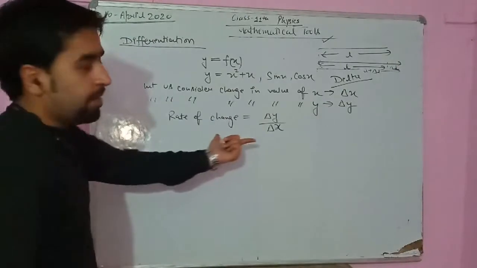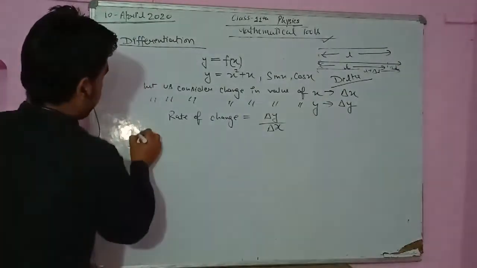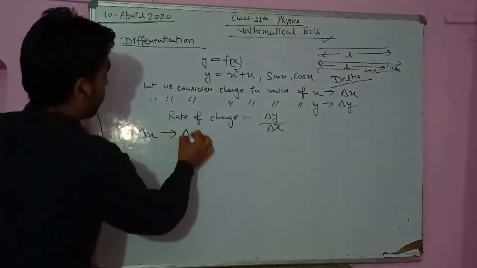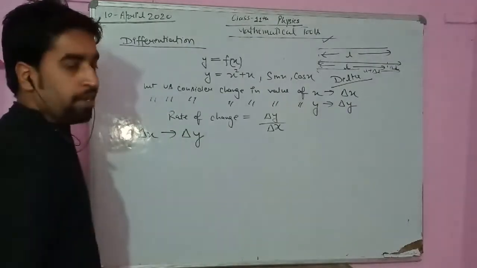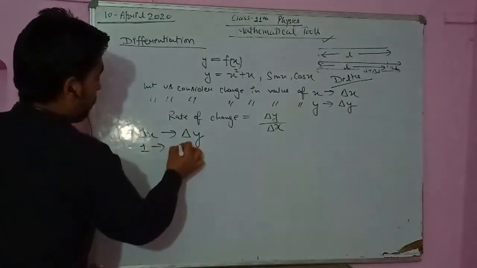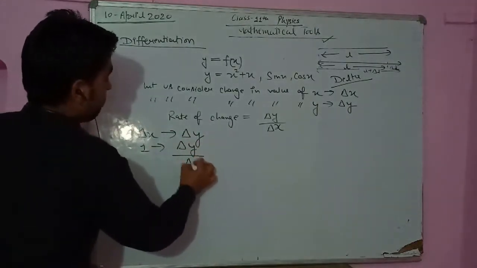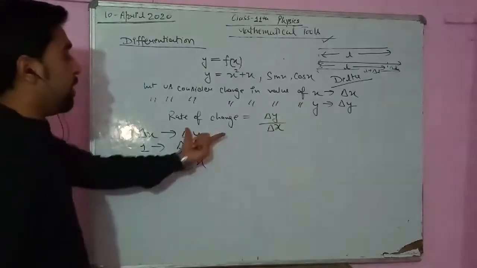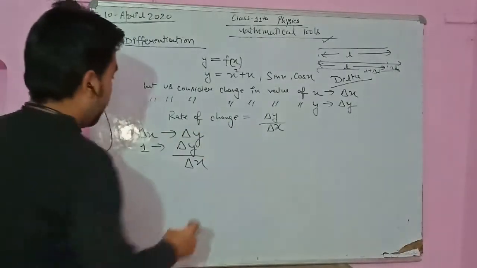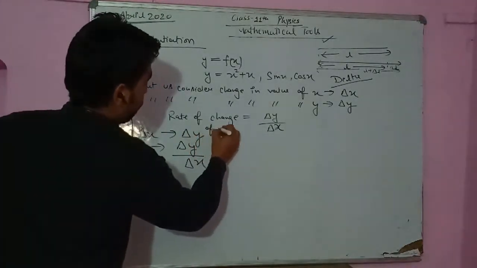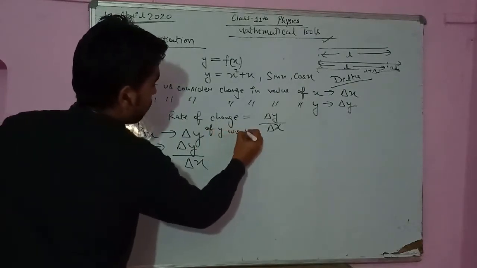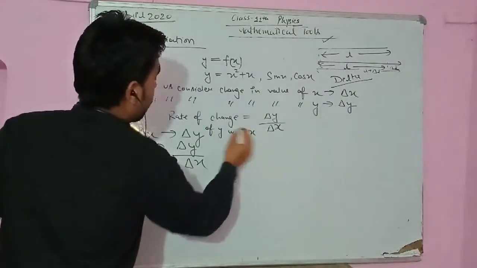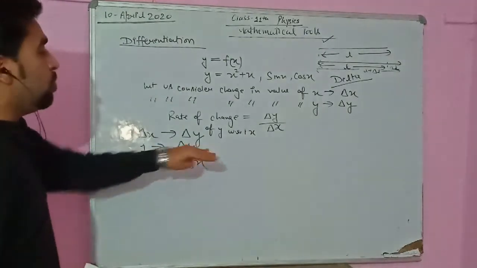अब ये rate कैसे निकालना? तो इस rate को समझते हैं. देखिए, del x change के लिए what is the change in the value of y? Del y. So for unit change, what is the change? Del y upon del x, and this is known as the rate of change of y. We can say rate of change of y with respect to x. WRT x means with respect to x.